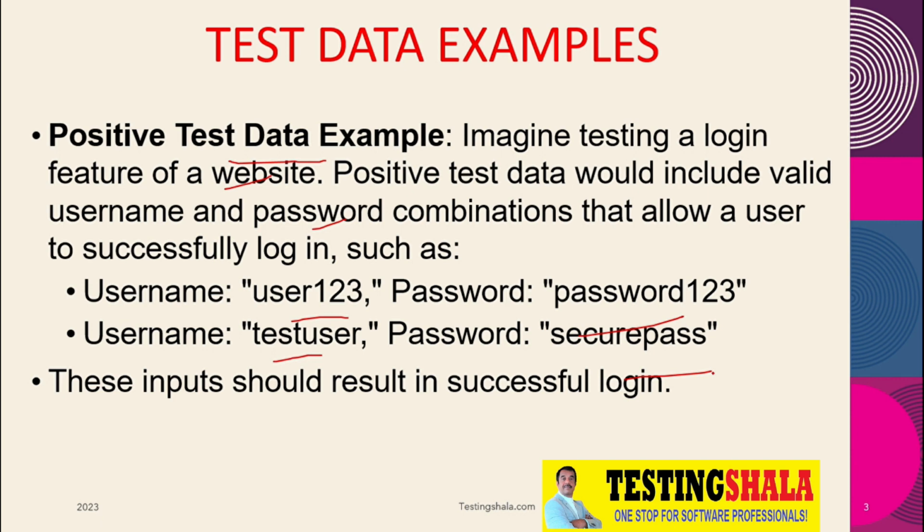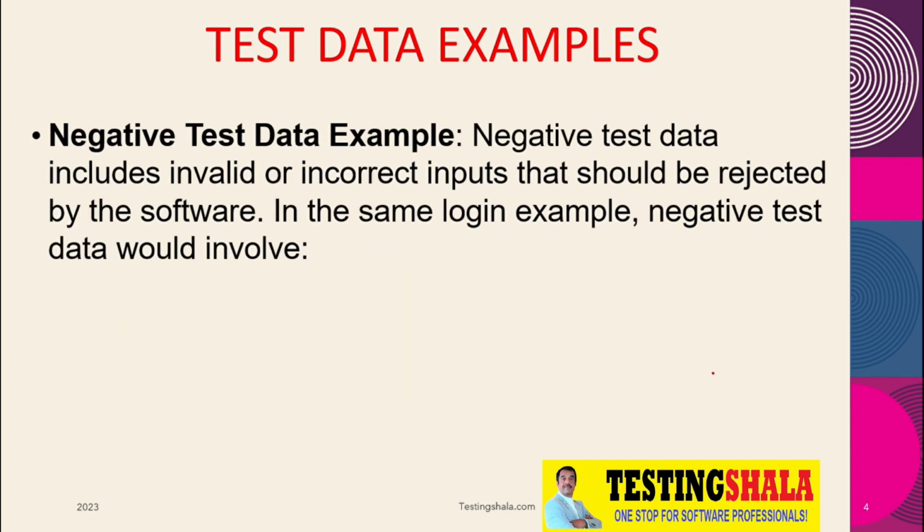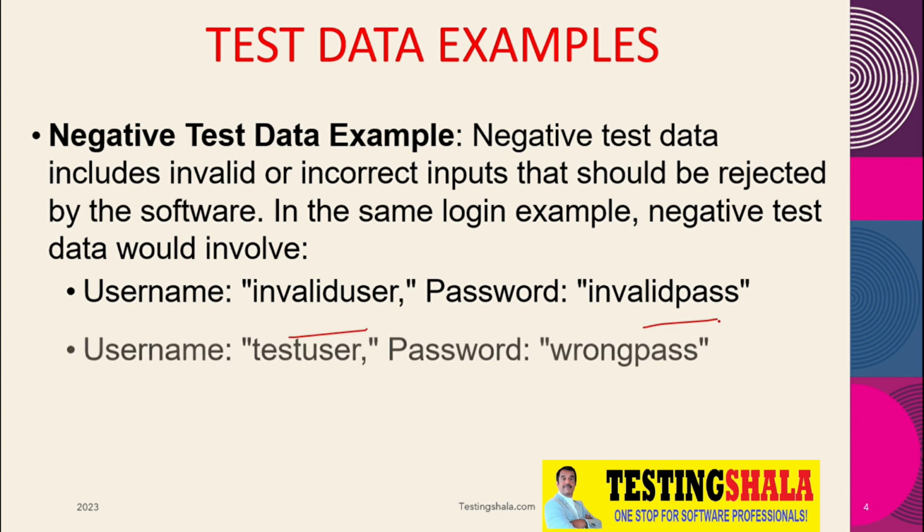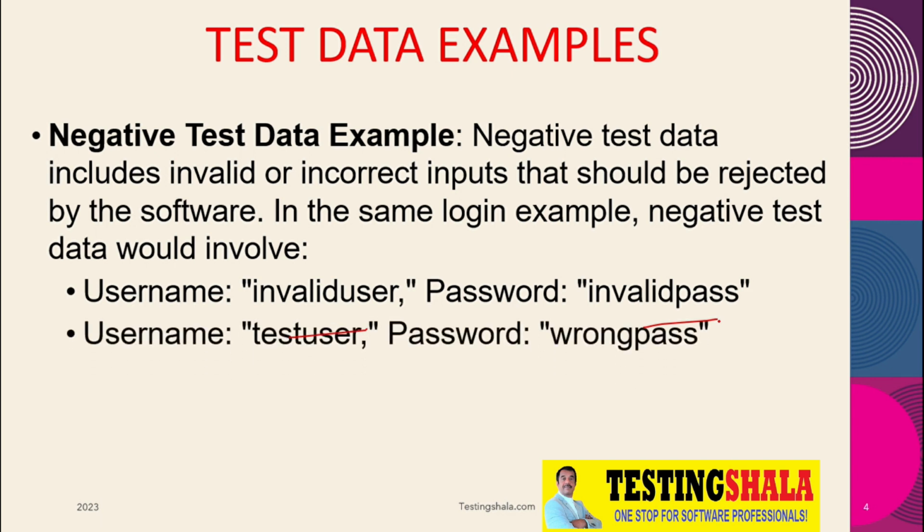The second type of test data is negative test data. If we take the same example, we give invalid or incorrect inputs for the same login page. Here we provide a completely incorrect username or password. Now we have to see whether the application logs in or fails with the right error message.